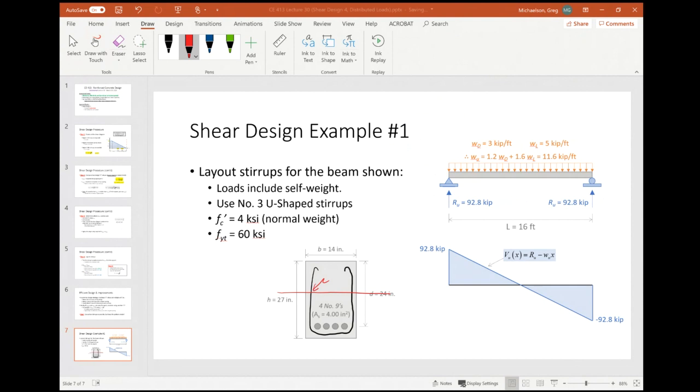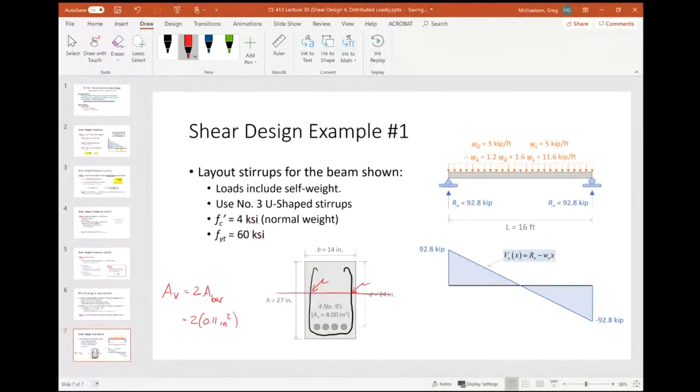And in this case, I go through 1, 2. So my AV is going to be 2 times the area of whatever stirrup I'm using, in this case the number 3, so 2 times 0.11 or 0.22 square inches. So that's why we're using 0.22.